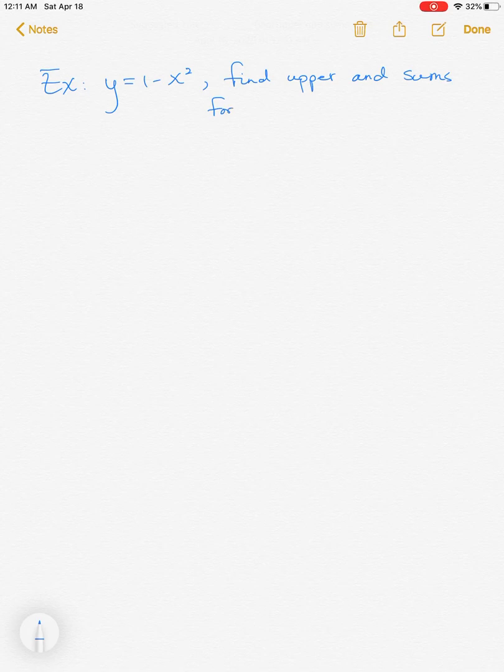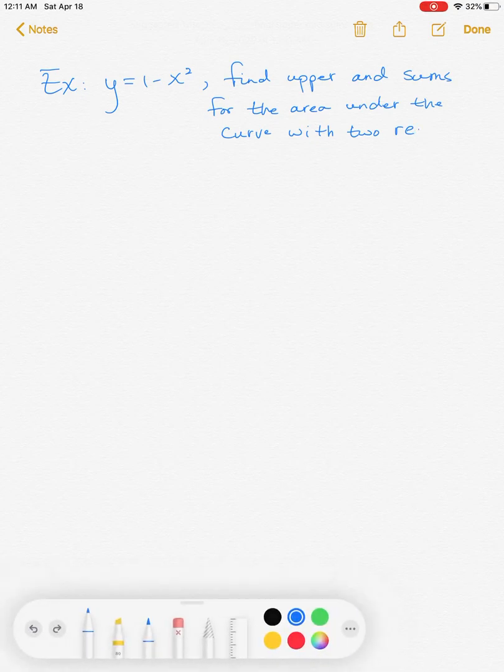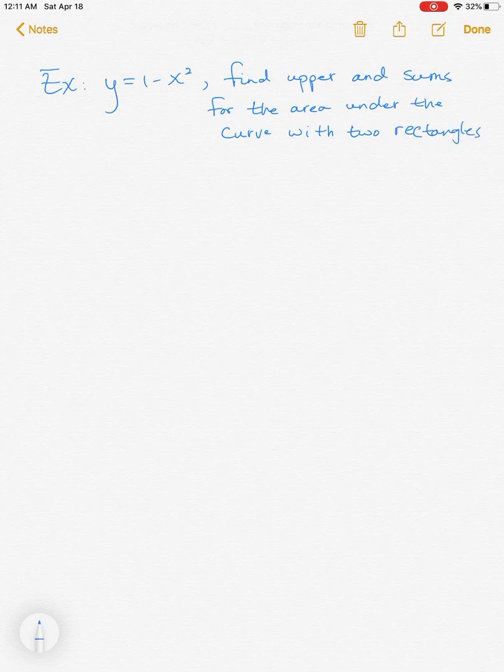For the area under the curve, with 2 rectangles of equal width, alright, so I'm about to give you some stuff that's gonna hook you up. On the interval x from 0 to 1.